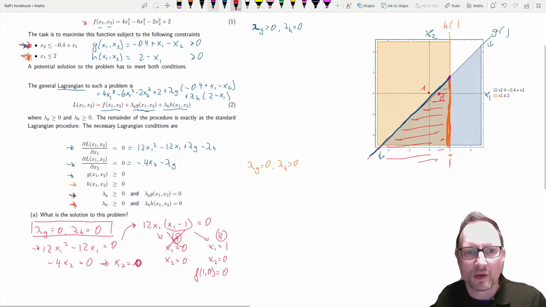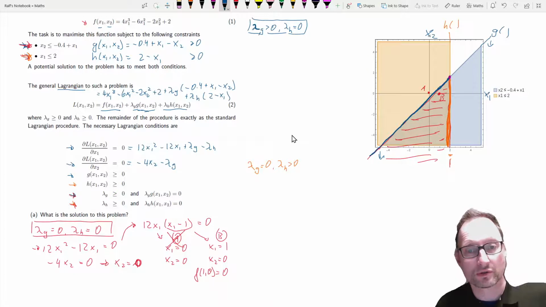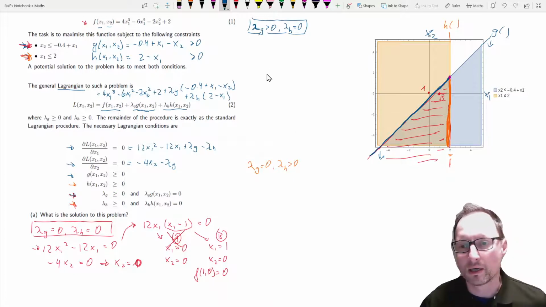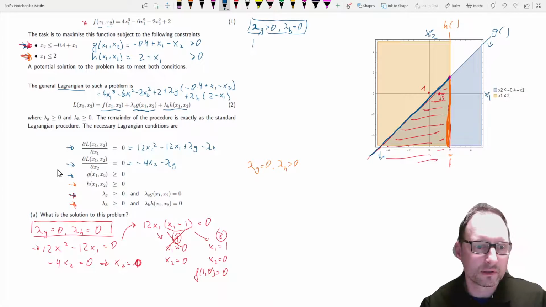This is where we said that lambda G is larger than 0 and lambda H is still equal to 0, so we're not using the H constraint. We're only looking at the G boundary. Let's write down our Lagrangian conditions under this condition.